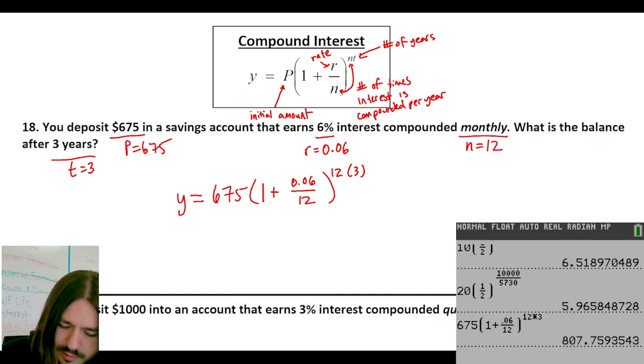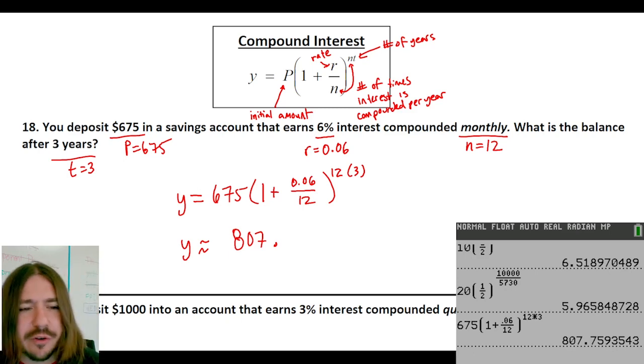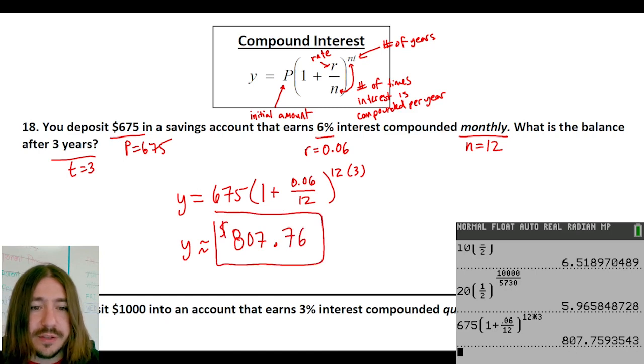And so the balance, we do have to round here. It doesn't say to the nearest dollar or cent. I'm going to go to the nearest cent here and say that it's $807.76. If it asked for the amount to be estimated to the nearest dollar, you'd say $808.